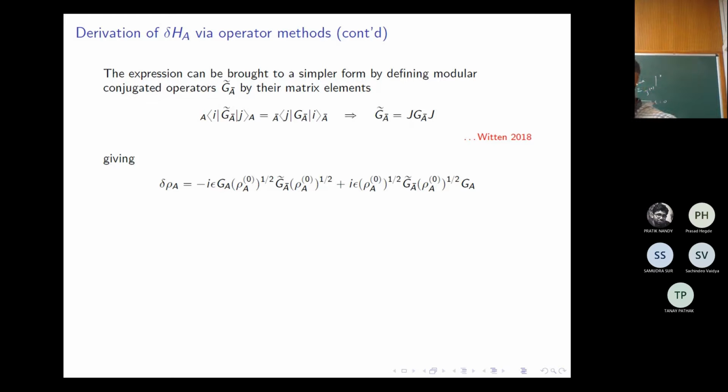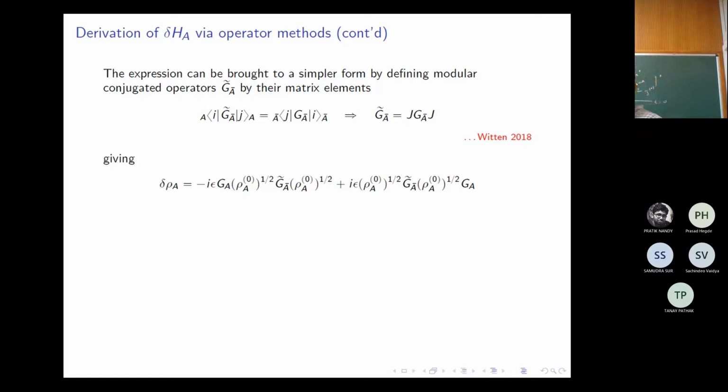In modular theory, if you now specialize to a finite dimensional system, GA bar tilde has the property that it interchanges the basis in this fashion: I J GA bar J J becomes J GA bar I. This is the property of capital J. If you use that, then the delta rho A expression becomes this.